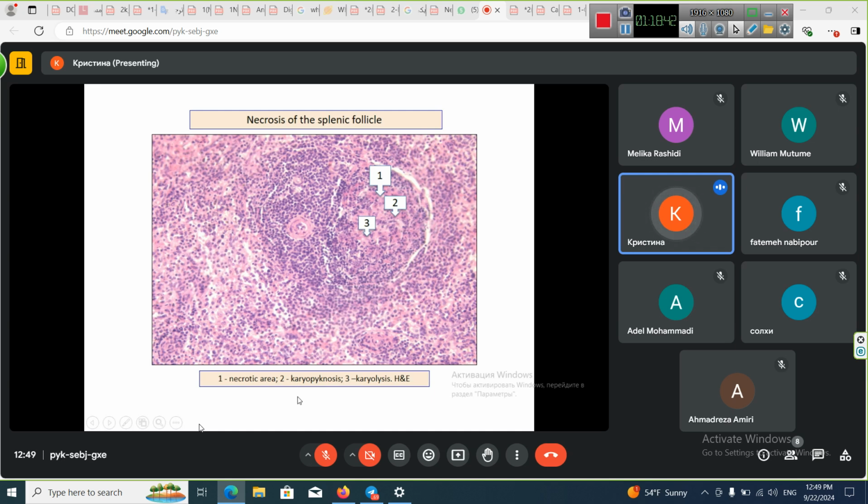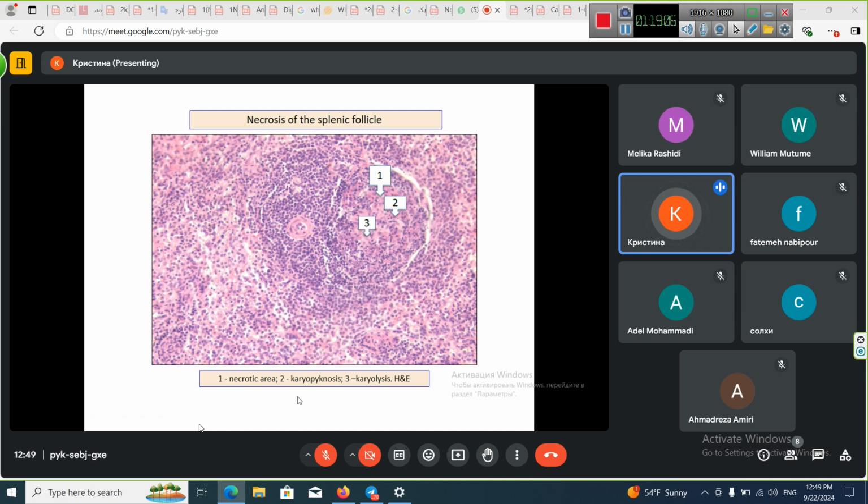These are the sequential features of the changing of the nuclei of dying cells. So during the death of cells, their nuclei undergo first pyknosis, which means the squeezing of the nucleus.